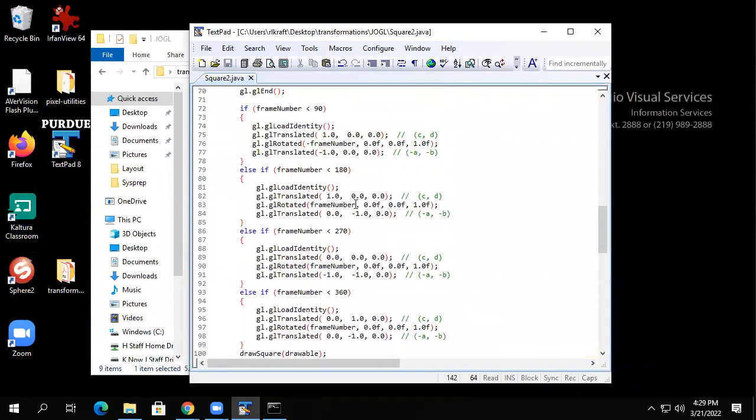90 to 180. Here's the point. This is the point CD, so this would be 2, 0. Now this is the point that we want to rotate around. That was this one here, so that's -1, -1.